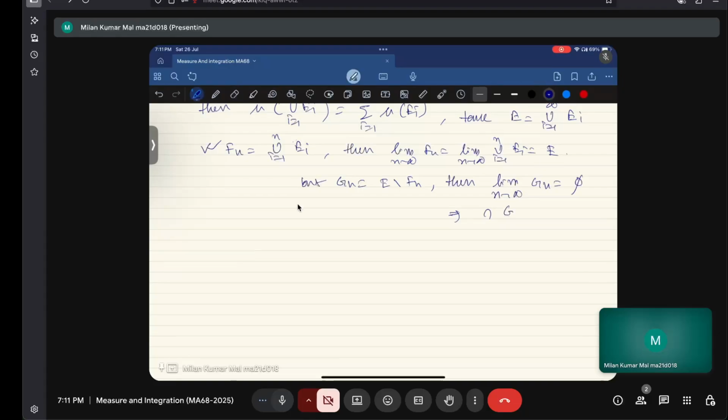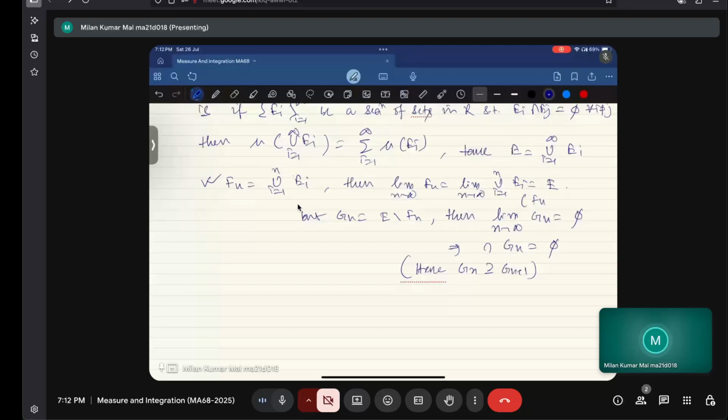Here one should note that Gn is decreasing, Gn is greater than or equal to Gn+1, and Fn is increasing, Fn is less than or equal to Fn+1. So Gn is decreasing, that's why when we take the limit, the intersection is equal to empty.